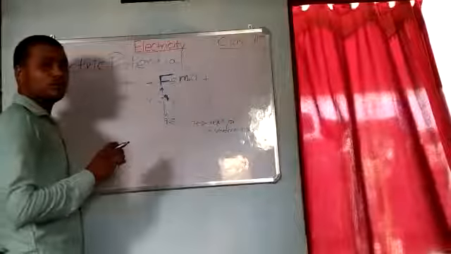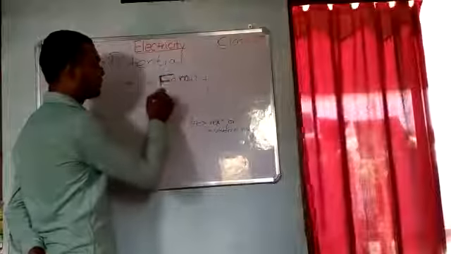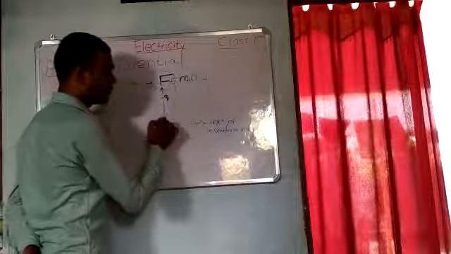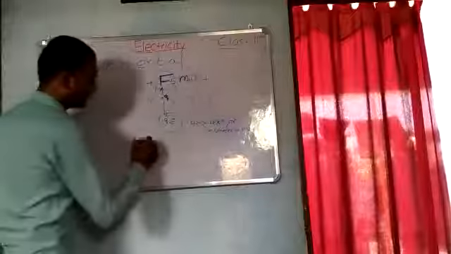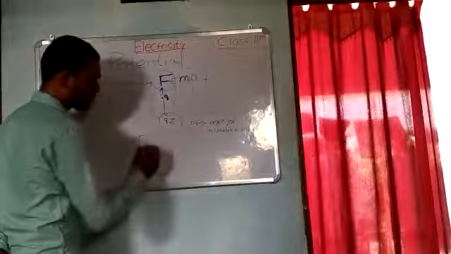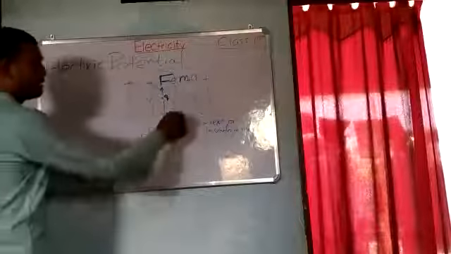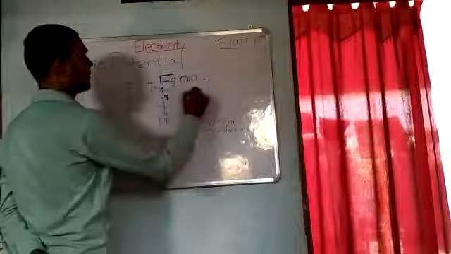We have to put an equal amount of force, the value of which is equal to Q into E. When we apply a force equal to QE, then this one and this one cancel, and then only QV is left.